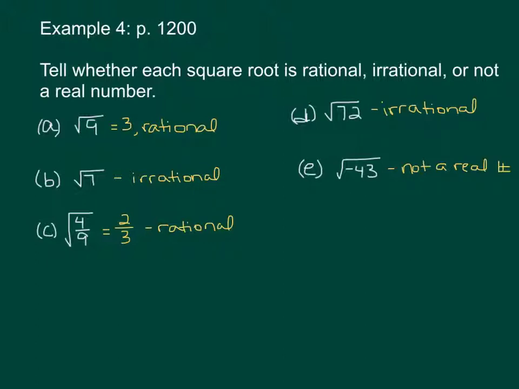So 3 times 3 is 9 for A. 2/3 times 2/3 is 4/9. The others are decimals. But if I multiply a number times itself, I'll never get a negative, because a positive times positive is positive, and negative times negative is positive. So there's not a number I can multiply by itself and get a negative. So that's why if you take the square root of a negative number, it will always be not a real number.